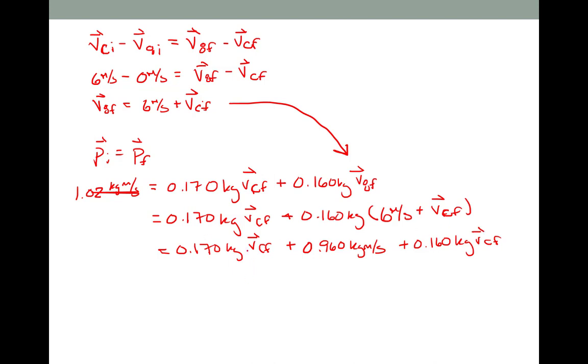I have 0.170 kilograms VQ final and 0.16 kilograms VQ final. 0.17 plus 0.16 is 0.33 kilograms VQ final.